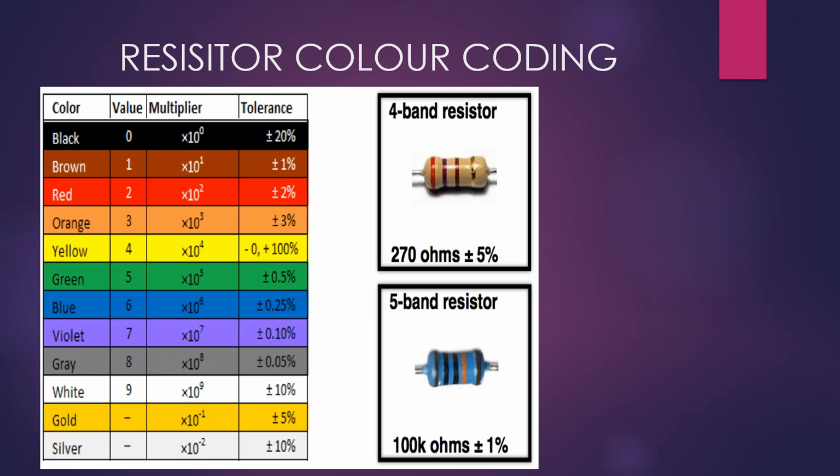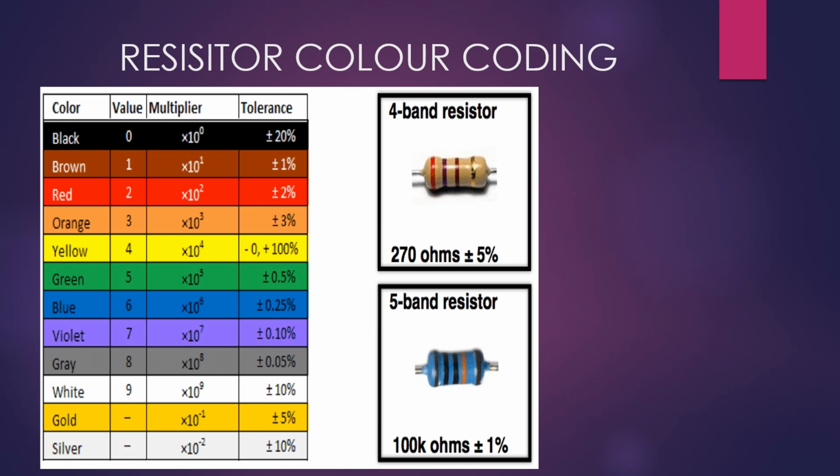So how you actually select your resistors is by this. There we have an example of a 270 ohms resistor. The first two values on your resistor are actually the first two bands on your resistor.